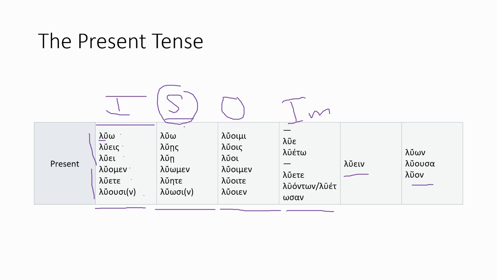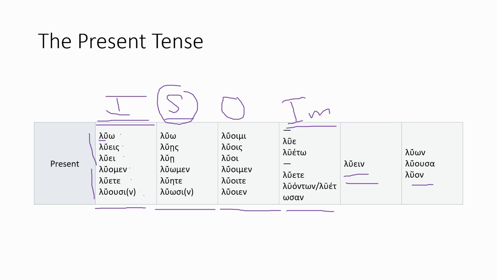It's just not the same thing. The indicative would imply factuality; the imperative would be a command telling someone to do something. The infinitive is to do something, so to loose, and the participle, these are the masculine, feminine, and neuter forms, is doing something. So it's an adjective describing somebody that is loosening something. So the loosening man, the man who's loosening something.